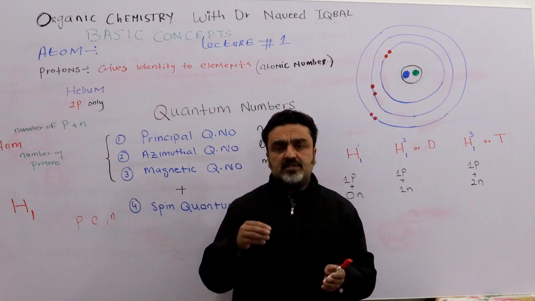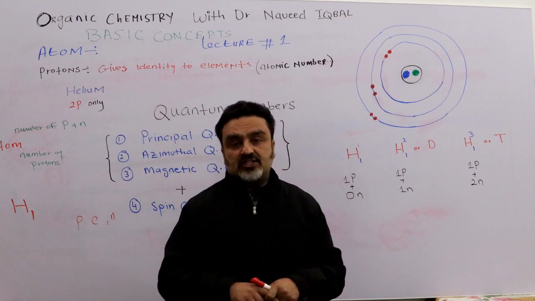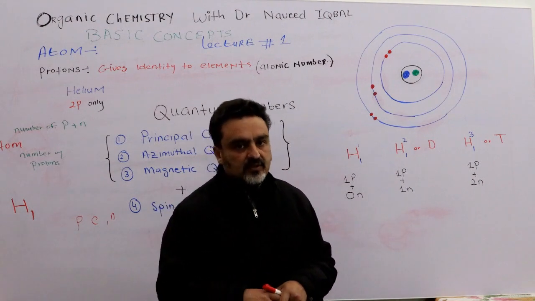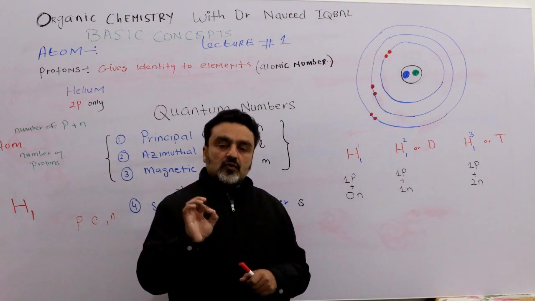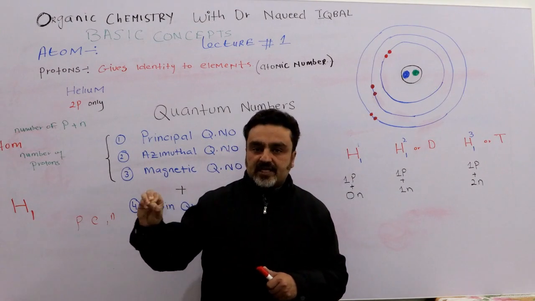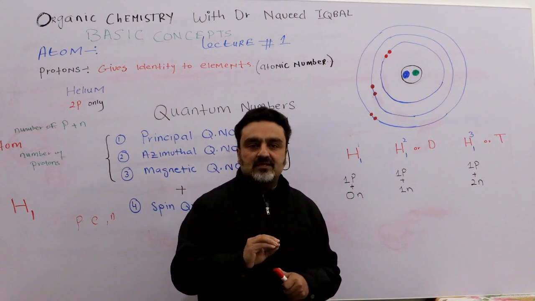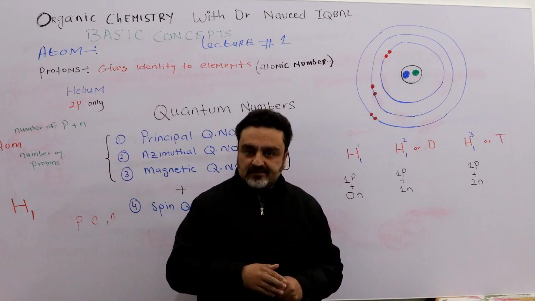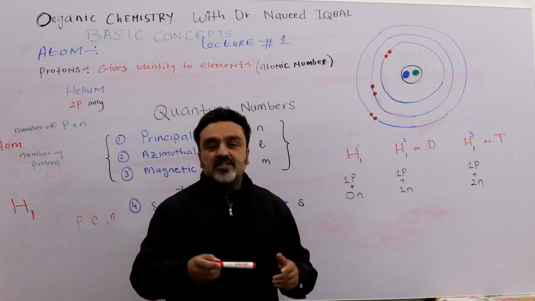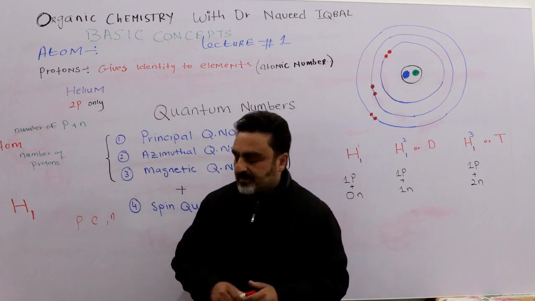If an atom has 6 protons present inside its nucleus, that's called carbon. So the proton assigns the nature of an atom, and the number of protons is also called the atomic number.